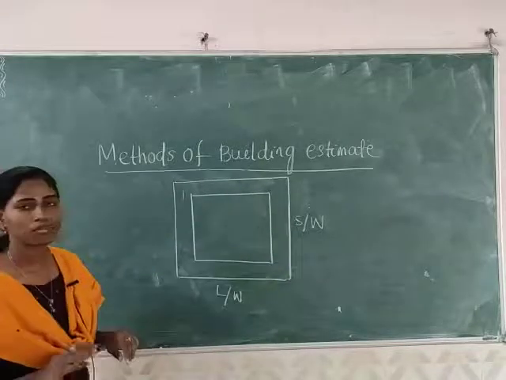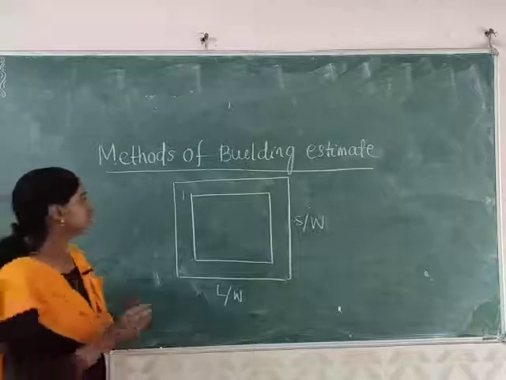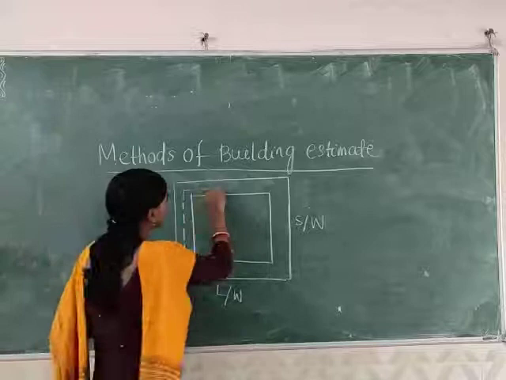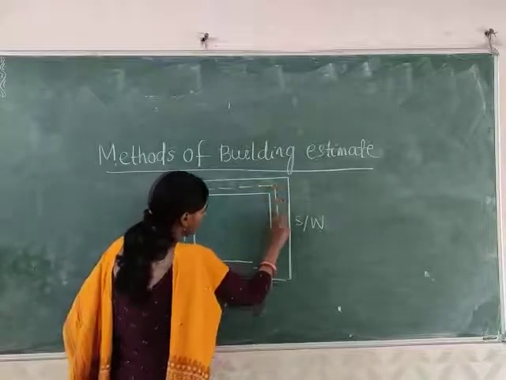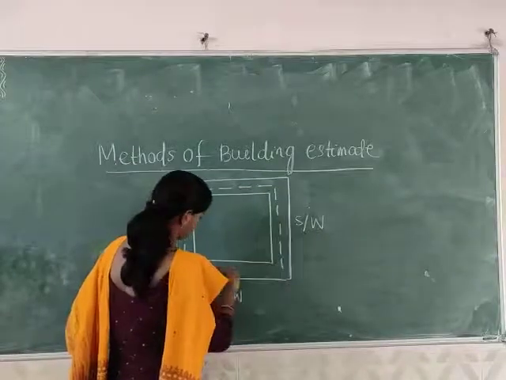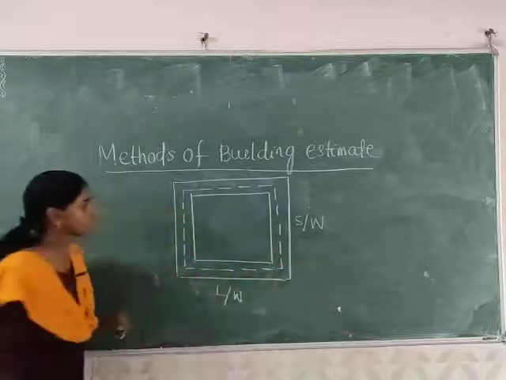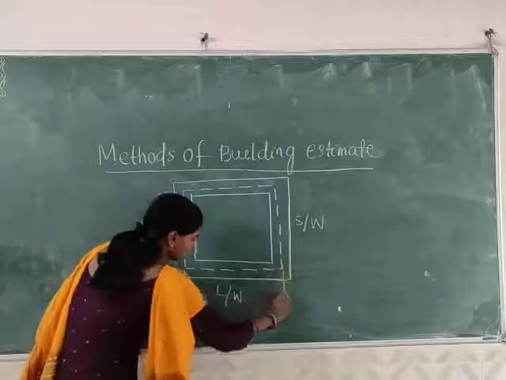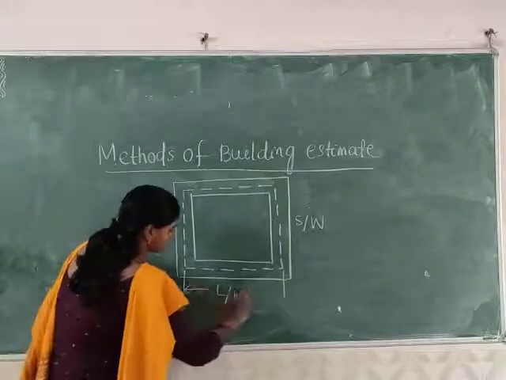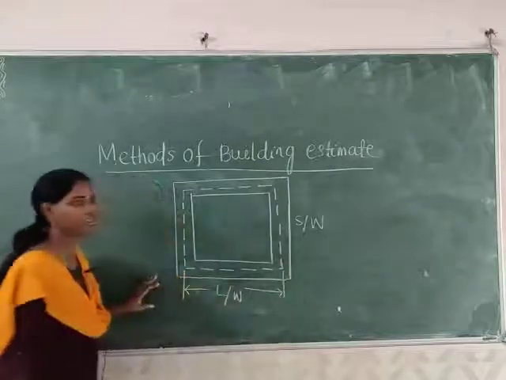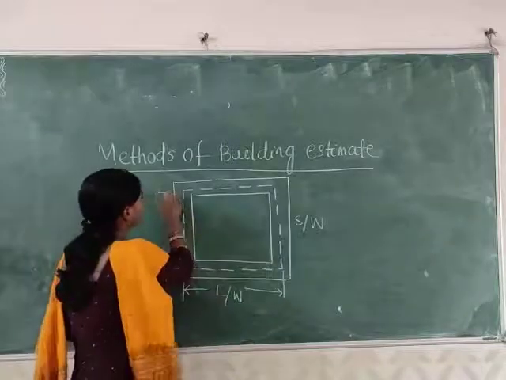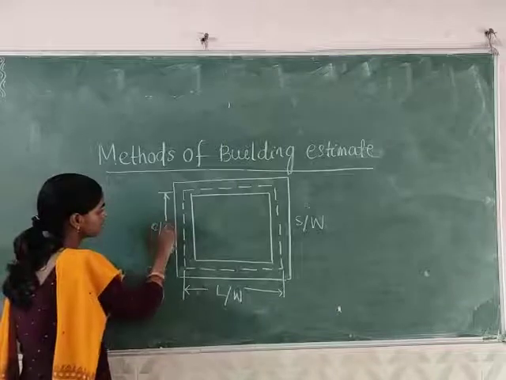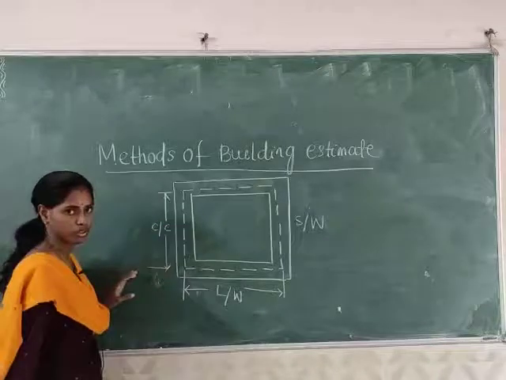Then come to the next step, finding out the center to center length of long wall and short wall. See here, this is the center to center length of long wall and this is the center to center length of short wall.